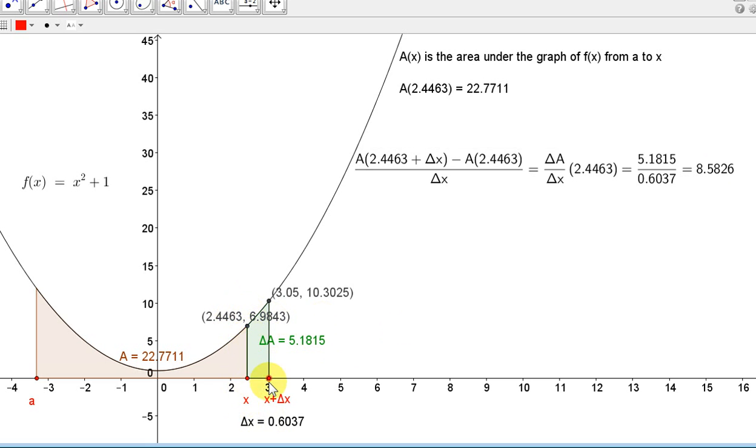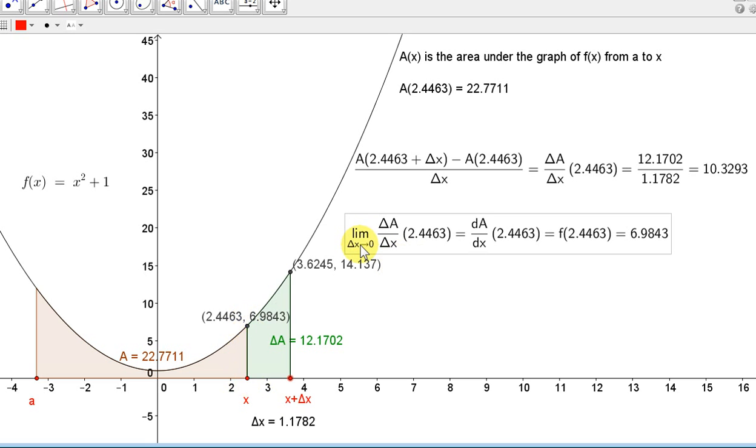So as we make delta x go to 0, keeping x fixed, this blue region is approaching a rectangle with base equal to delta x and height equal to f of x. So in other words, if we take a limit as delta x goes to 0, that means that delta x approaches 0 but never reaches 0. Then delta a over delta x is approaching f of x.